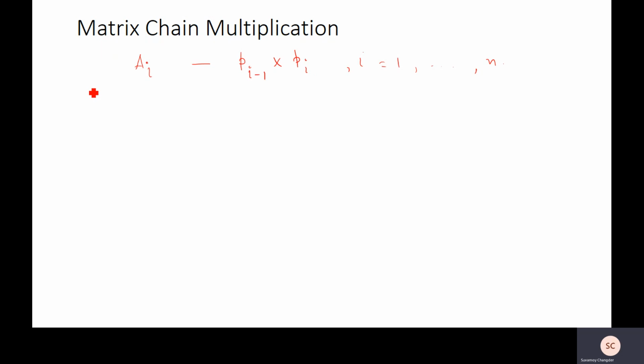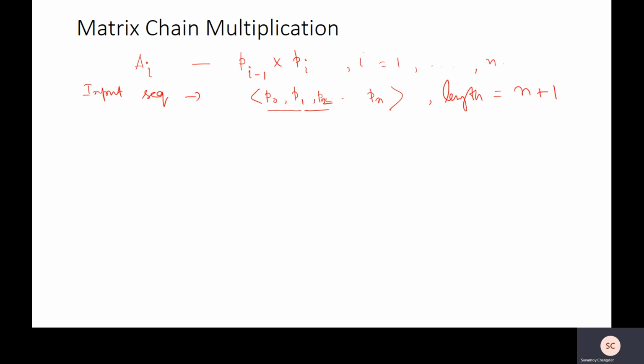So in our algorithm, our input sequence will be P0, P1, up to Pn. P0, P1 is the dimension of A1, P1, P2 is the dimension of A2, and so on. This is the input to our algorithm, an array of length n plus 1.